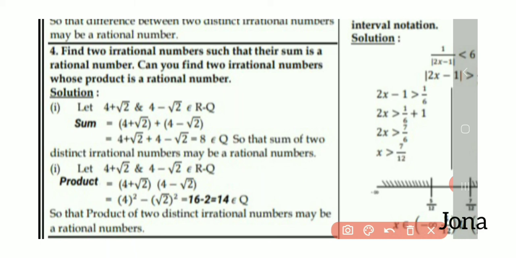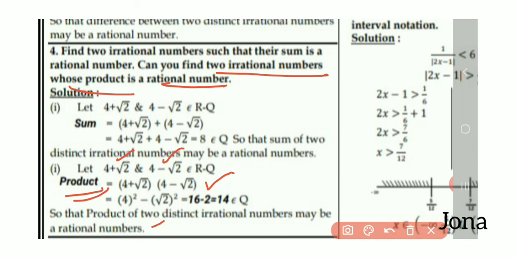One more question is there. Can you find two irrational numbers whose product is a rational number? I want to take the same two irrational numbers, 4 plus root 2 and 4 minus root 2. I want to find the product now. So 4 plus root 2 into 4 minus root 2.